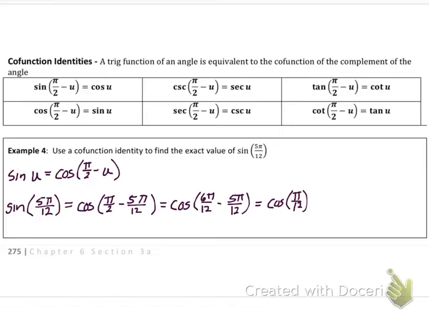Note that this isn't all of the work that would be required. So there's work we're missing. And it would end up equaling square root of 2 minus square root of 6 over 4 if you did all that work.